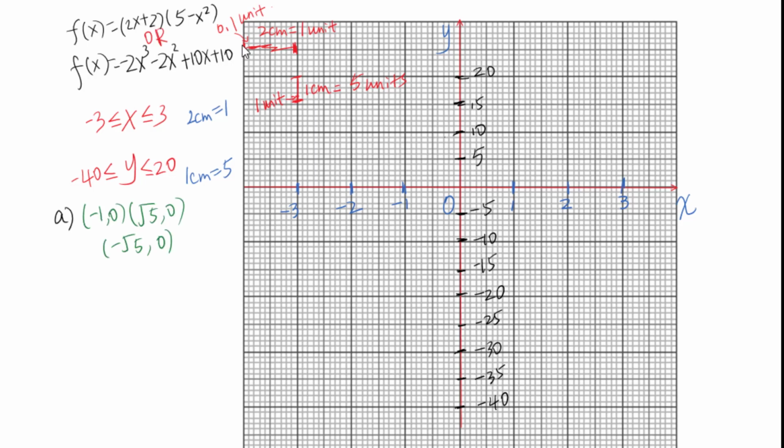After you finish setting up this coordinate plane, you can put the function into the graphing calculator. You can use the original function, or you can use the expanded expression. From A, we already figured out 3 roots: (-1, 0), (square root of 5, 0), and (negative square root of 5, 0). We can figure out the y-intercept, minimum and maximum points from a graphing calculator.